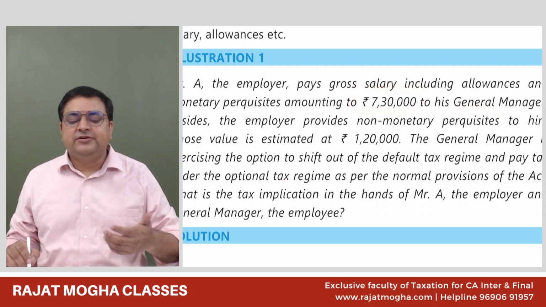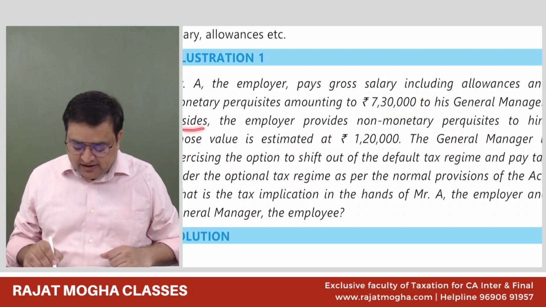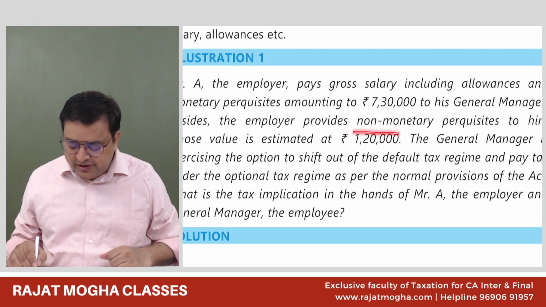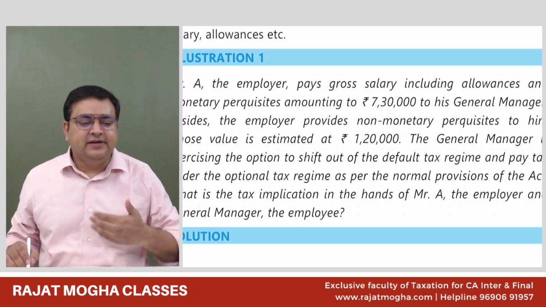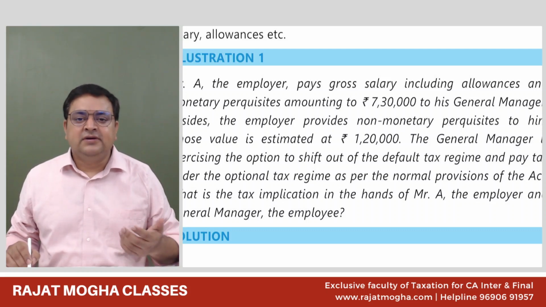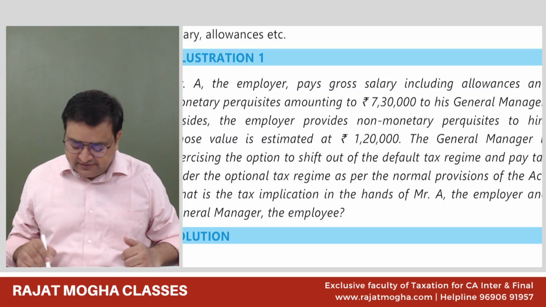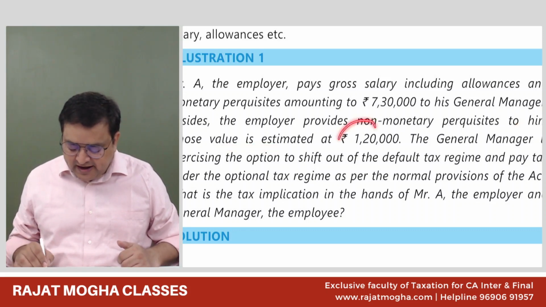So this is the salary which we are paying to our general manager, 730. Besides, the employer provides him non-monetary perquisites. Non-monetary perquisites are perquisites in kind. Let's say rent-free accommodation, motor car facility, or any other perquisites, which is non-monetary perquisites in kind, whose value is estimated as 1,20,000.